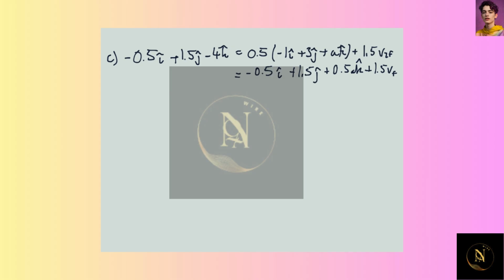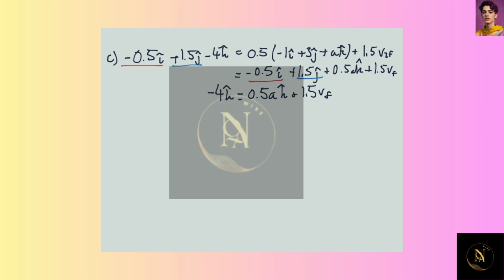Now what we should see here is that negative 0.5i is on both sides and positive 1.5j is there on both sides as well. So they go away and we end up with negative 4k hat equal to 0.5a k hat plus 1.5 VF.